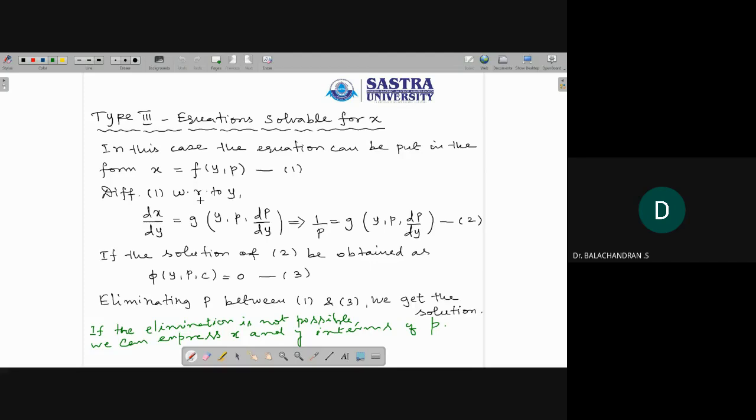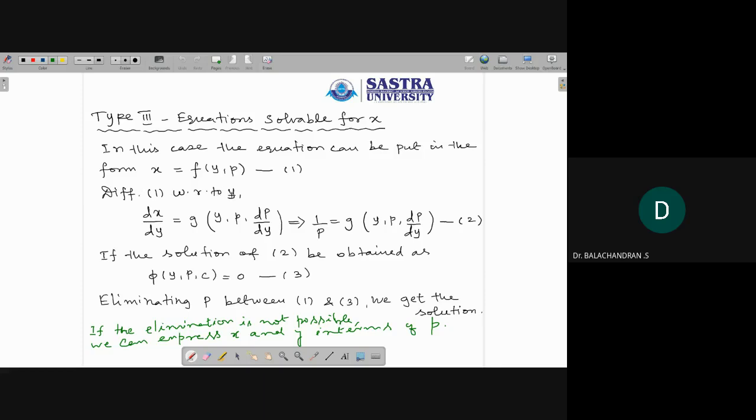But here, first you should write x in terms of y and p, and then differentiate equation 1 with respect to y.